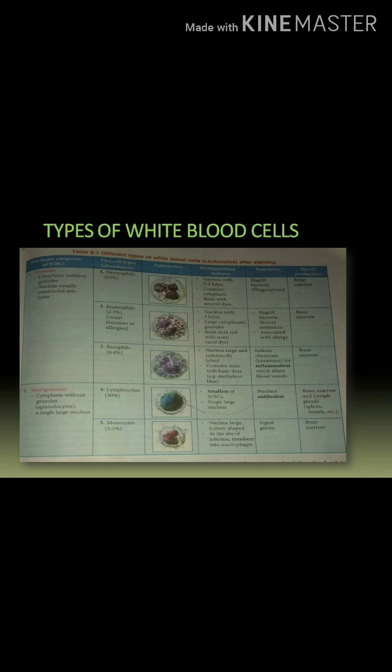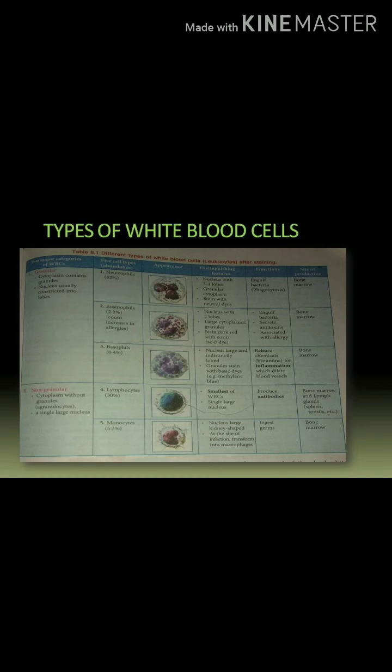Non-granular WBCs: first one is lymphocytes. It is the smallest of WBCs and has a single large nucleus. Another is the monocytes, whose nucleus is large, especially kidney shaped. Lymphocytes' main function is to produce antibodies. In WBCs there are some categories, and in that category only lymphocytes produce the antibodies, and monocytes' main function is to ingest germs.